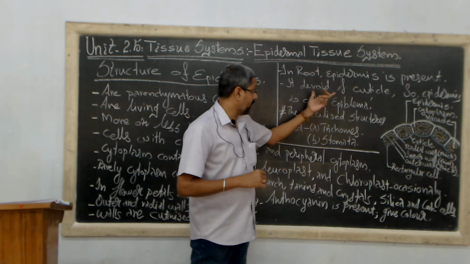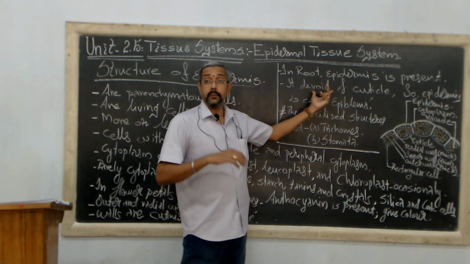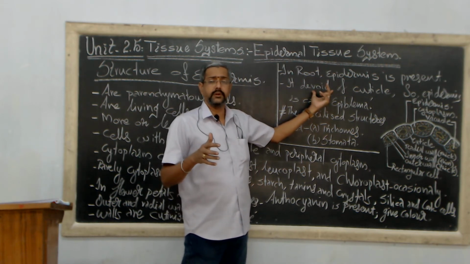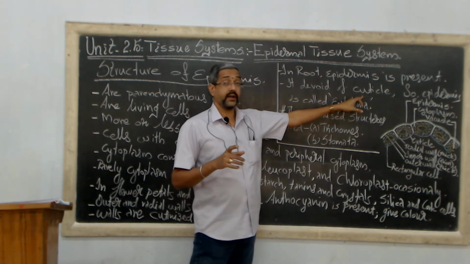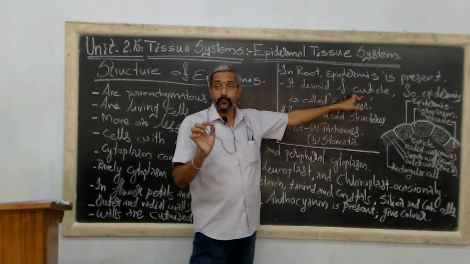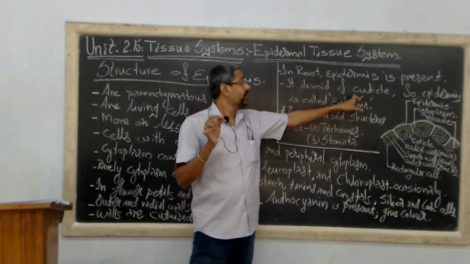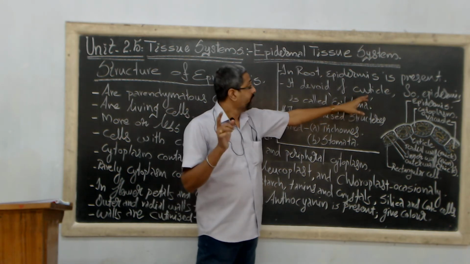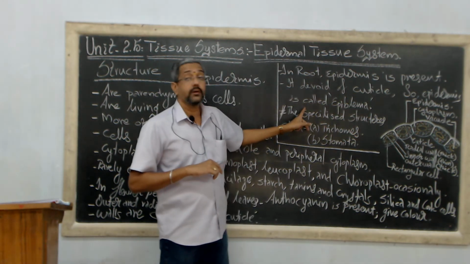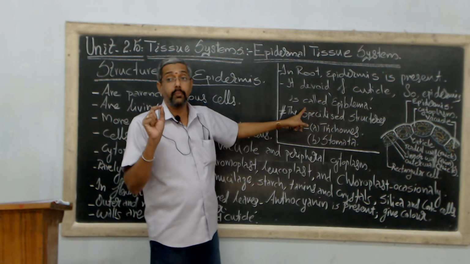But in the case of root, the outer layer is the epidermis, and it does not show the presence of cuticle or waxy substances. So, devoid of the cuticle, the root epidermis is called epiblema.